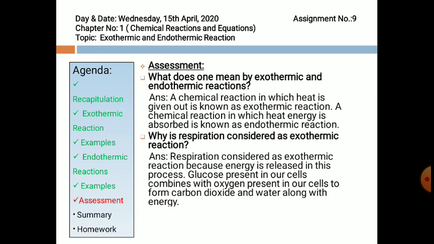Respiration is considered as exothermic reaction because energy is released in this process. The glucose present in our cells, when it combines with oxygen present in our cells to form carbon dioxide and water, along with energy, energy is released in this process. That is why respiration is considered as exothermic reaction.